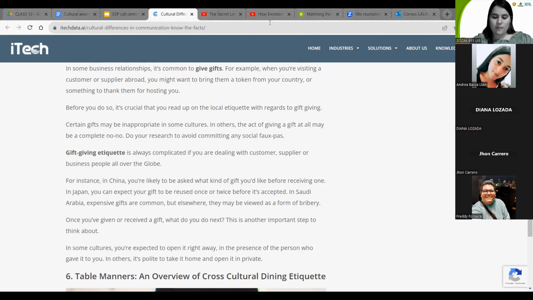In Japan, you can expect your gift to be refused once or twice before it's accepted. In Saudi Arabia, expensive gifts are common, but elsewhere, they may be viewed as a form of bribery.